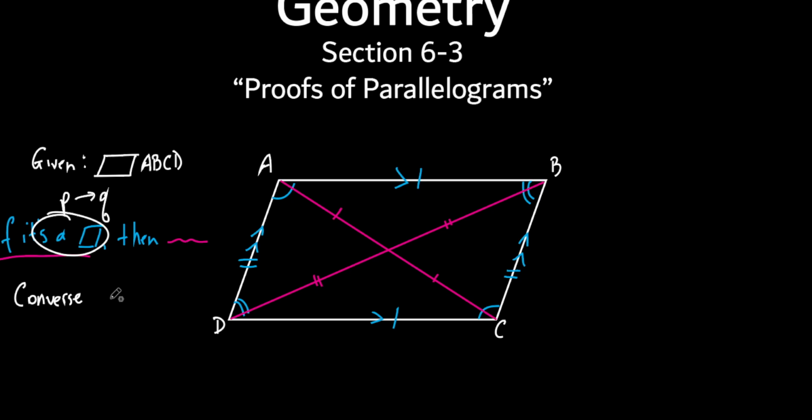If Q, then P. You with me on that? So we're going to switch the if and the then. So what we're going to do today is say this: if the opposite sides are parallel to each other, then the thing is a parallelogram.